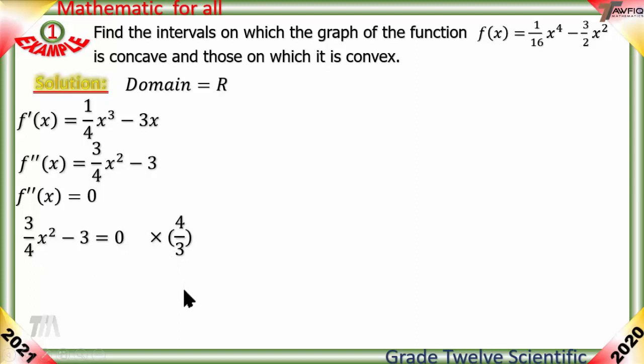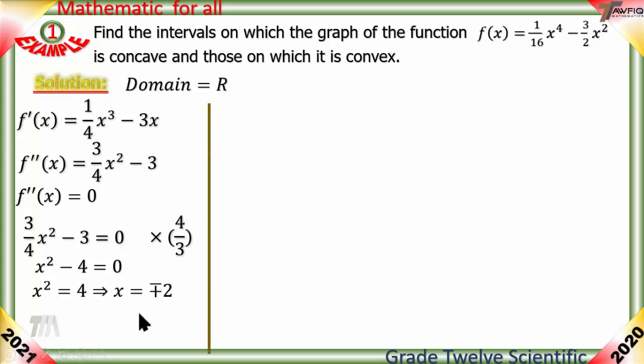So cancelling 4 with 4 and 3 with 3, and here 3 with 3, the result is x squared minus 4. Take the 4 from the left side to the right side, so x squared equals 4. Take the square root of both sides, so x is equal to plus or minus 2.